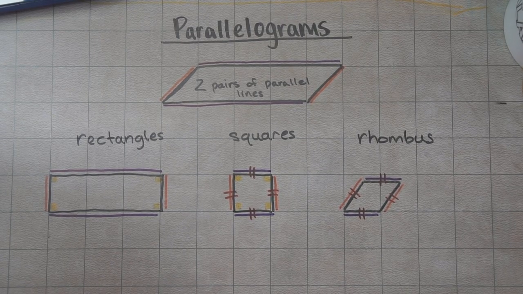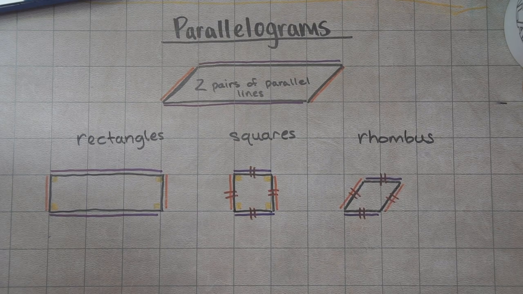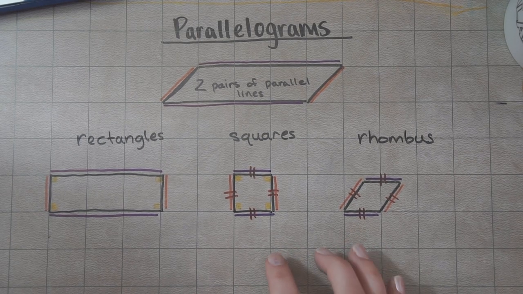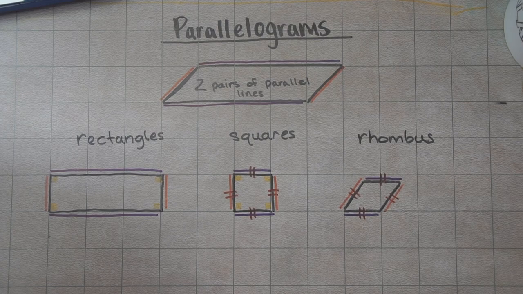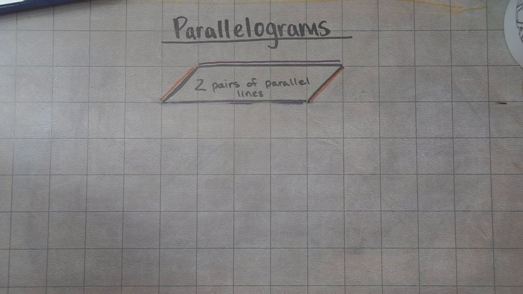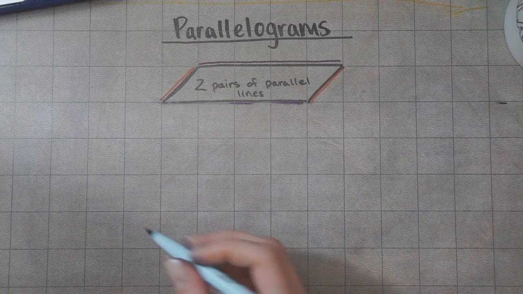Have you noticed which shape is in both the equal sides group and the right angle group? You're right, it's the square. Using what we just learned, we can group all of those parallelograms into special families.